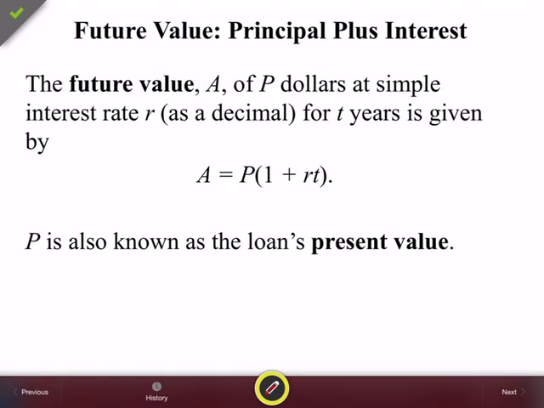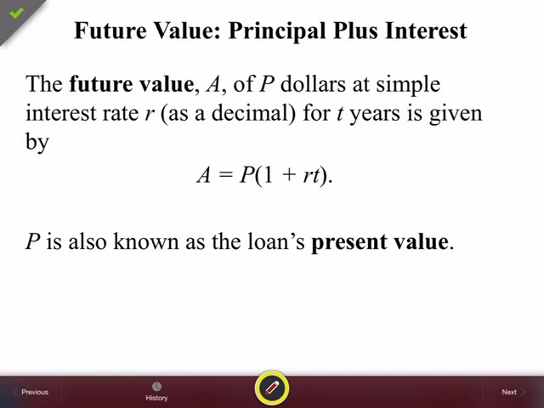The second part of this section is future value. The future value of a simple interest situation is going to not only include the interest amount, but also the principal.